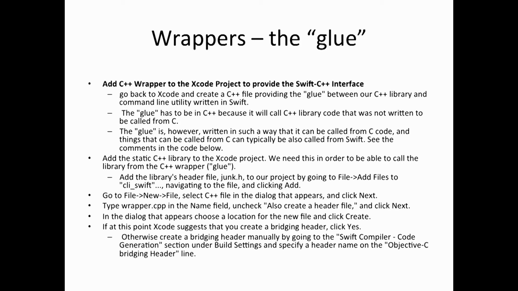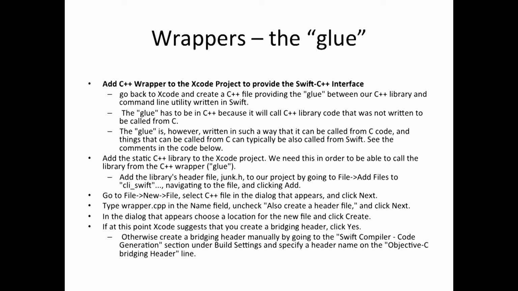It's a static library. All the stuff goes in, it does the work, and comes back with the result. There's nothing changing inside that small section of Swift code that Swift has to worry about. It just knows that it has to pass the information off through the wrapper to your external program and bring it back in. So the library header file, you have to move that into the project, we're calling this CLI, command line interface Swift, and you add that.